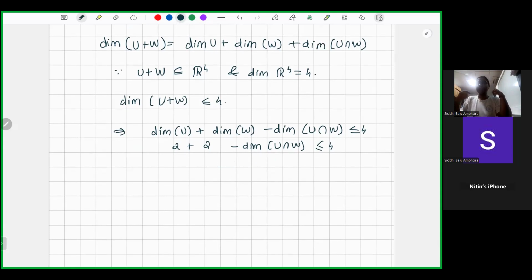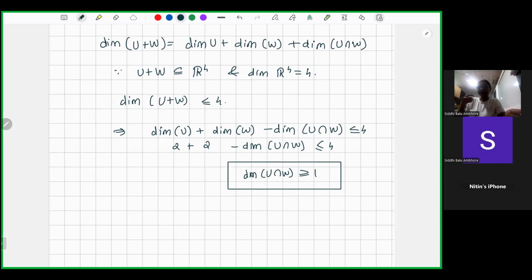If I want to conclude that something is not a direct sum using this formula, and we get an inequality where the dimension of U intersection W is greater than or equal to 1, something of this sort, then we can directly say that it won't be a direct sum. But in this case, this is not helping us.